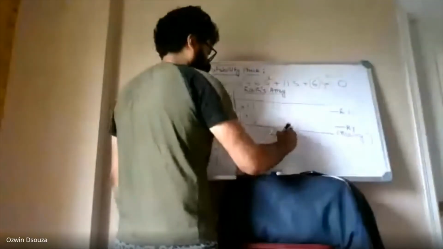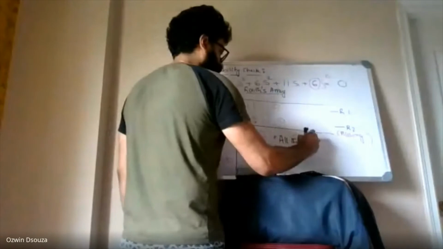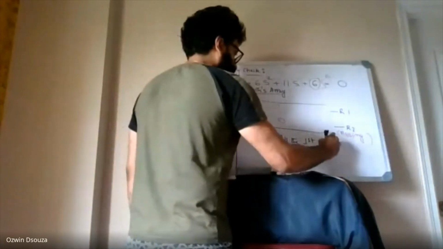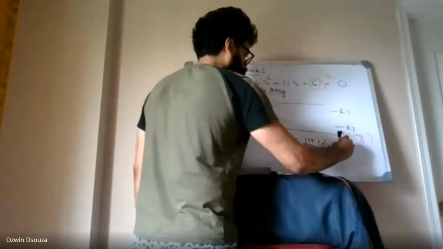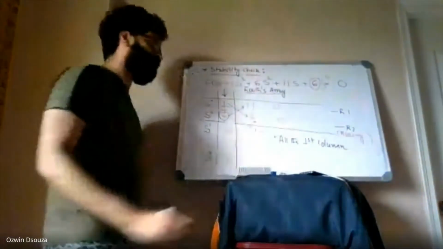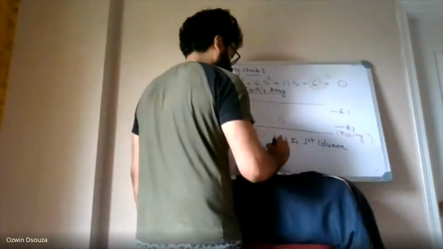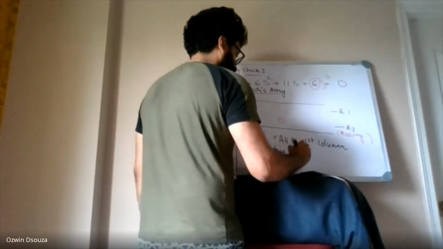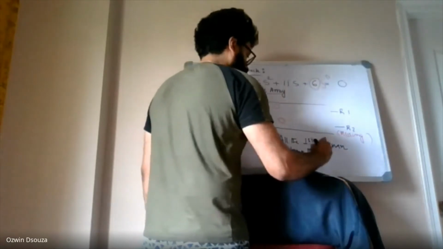So 1 is positive, 6 is positive, 10 is positive, and 6 is also positive. So you can say that all the first column entries have the same sign.